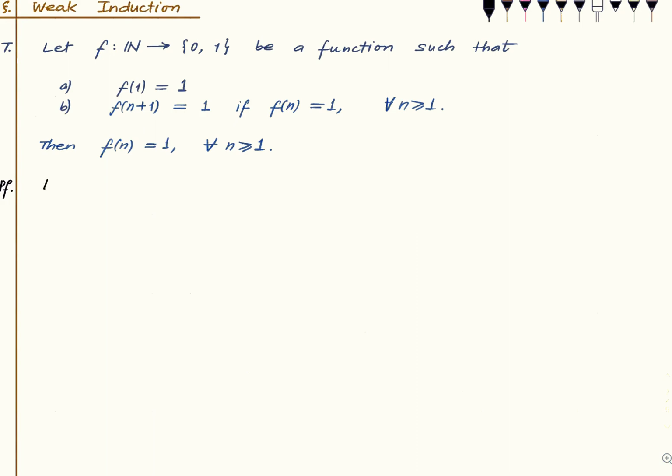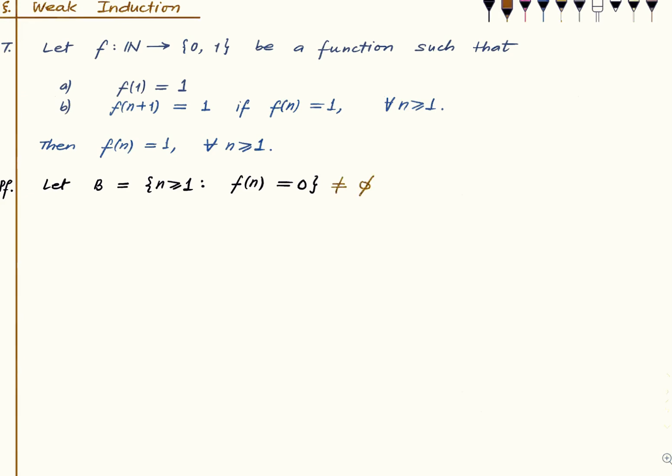Again, let B be the set of all those natural numbers for which the desired statement does not hold, meaning f(n) is 0. If B were empty, then we were done. So we may assume that this is non-empty. So that's an assumption.